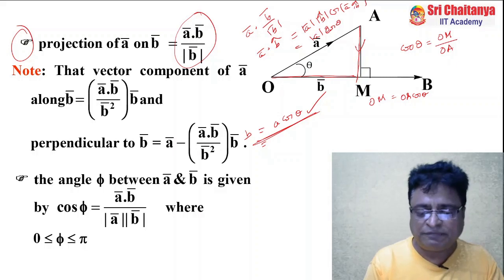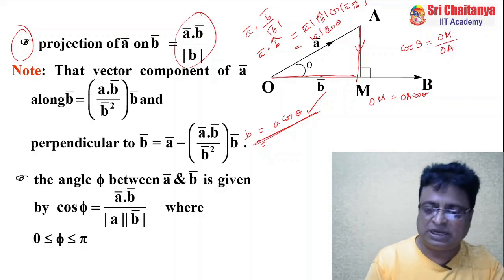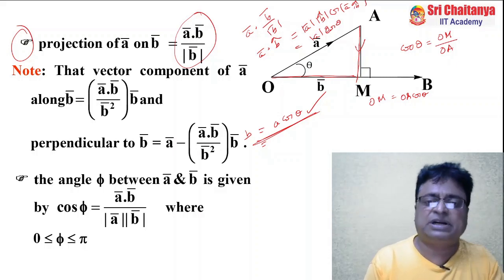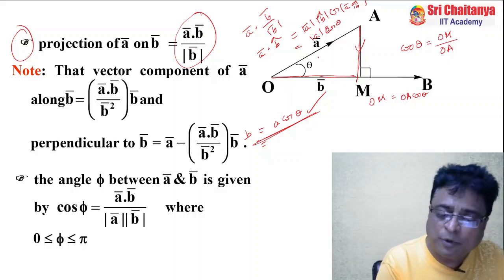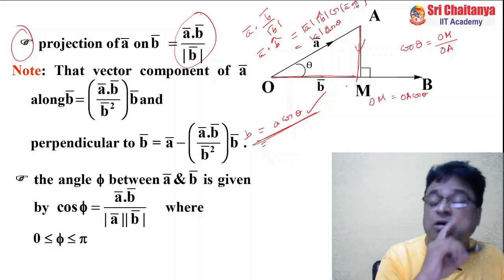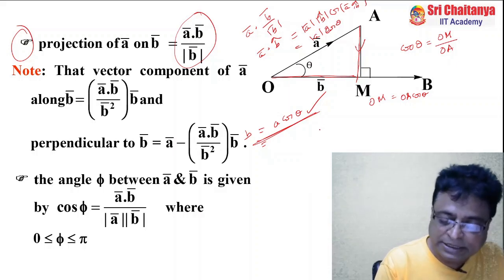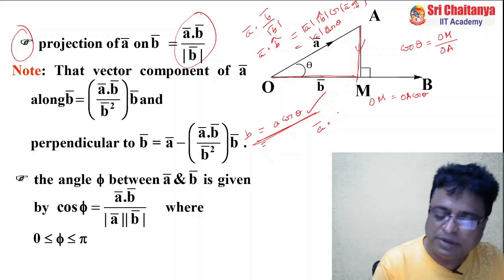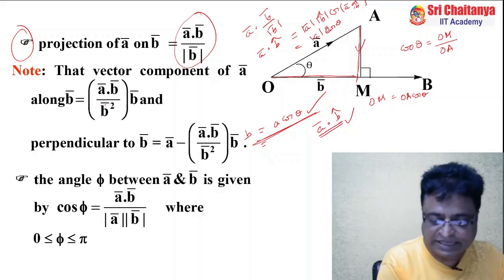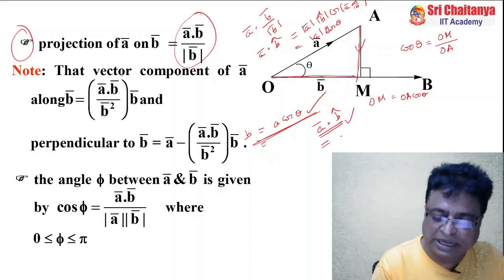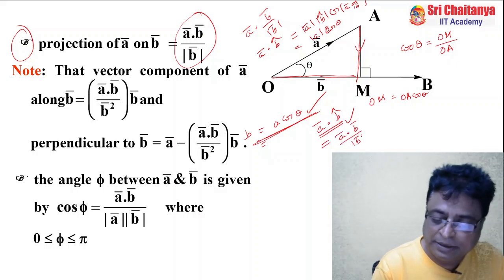So component vector always, in the statement itself, contains a vector. So what is OM bar? Component vector of A bar along B bar. That's A bar dot the unit vector along B bar, that is B cap, A bar dot B cap. That's the same thing I have written like this, A bar dot B bar by mod B bar, because this is a number, and you multiply this conveniently.